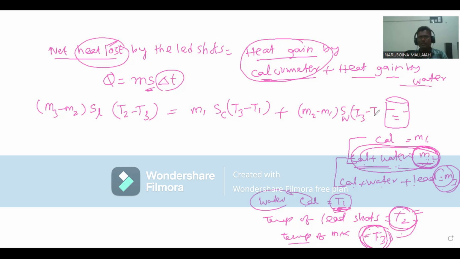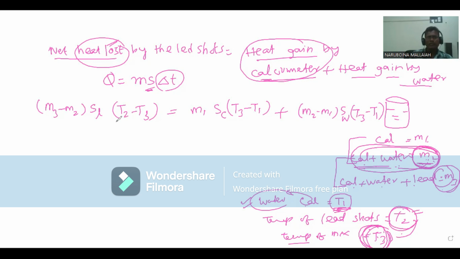Initially its temperature is T1. After placing the lead shards into the water, its temperature rises to T3. So it gains heat, and the temperature change is T3 minus T1.